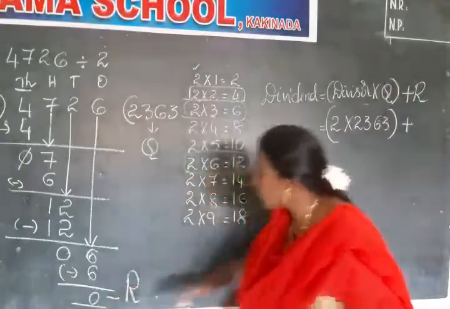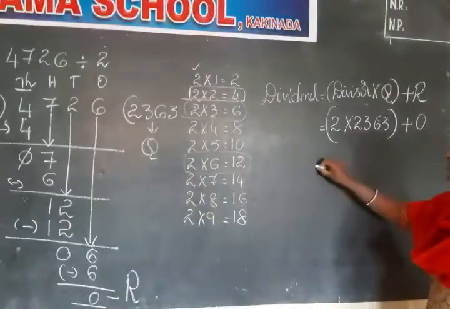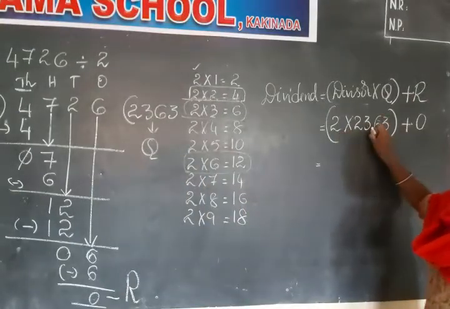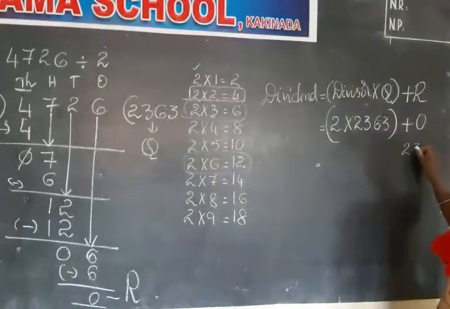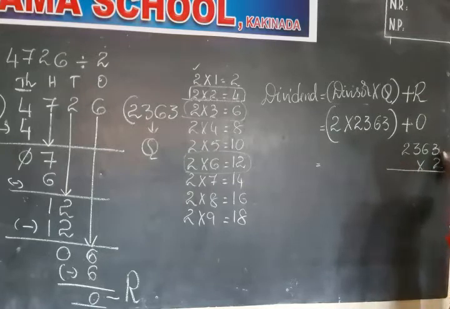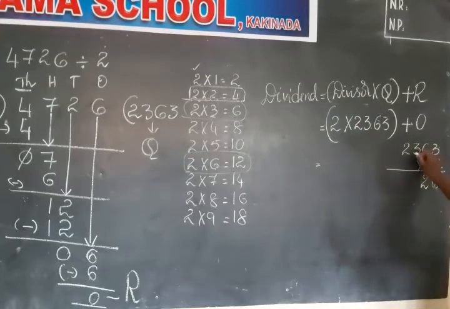Add the remainder to this product. What is the remainder here? 0. And here you have to do the multiplication. 2 threes are 6. 2 sixes are 12. Write 2 here and 1 in the mind. 2 threes are 6, plus 1, 7. 2 twos are 4.